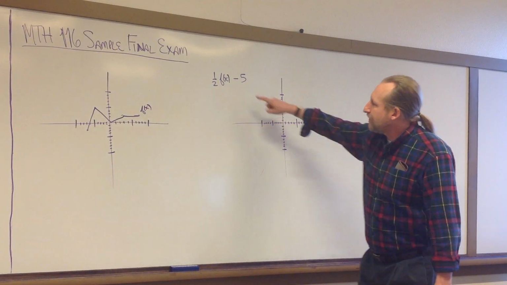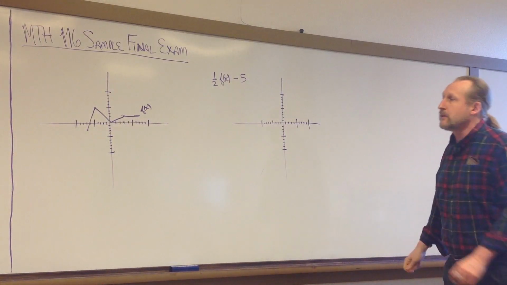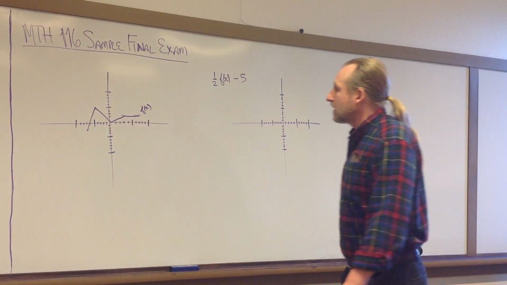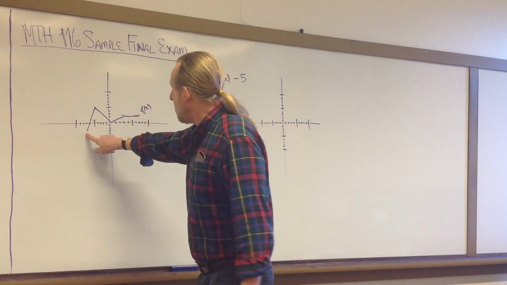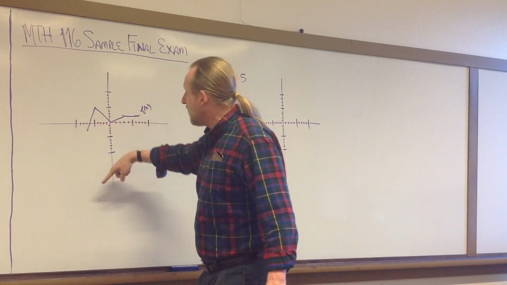Anything that affects the x variable happens inside the parentheses and nothing is going on in there. So our x coordinates are going to stay the same, our y coordinates are going to get cut in half and then move down 5 places.